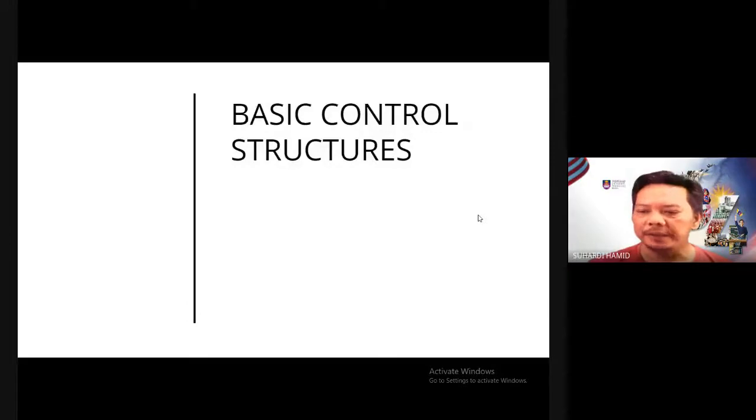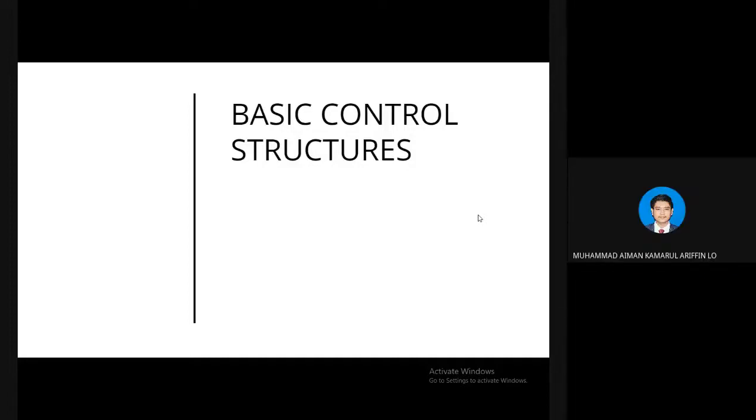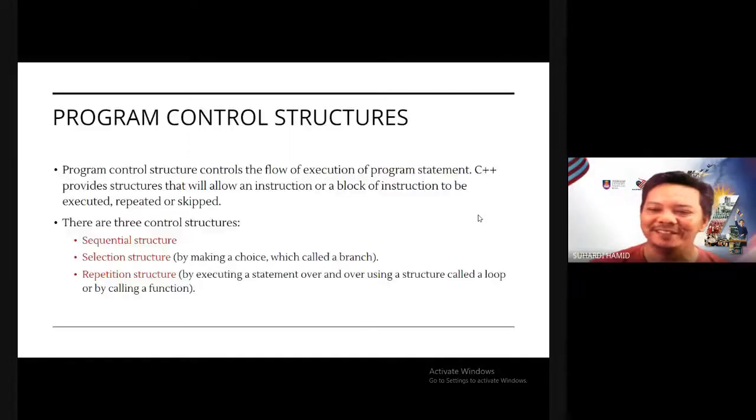Now we stop here. We did not cover basic control structures, but by doing the other program using the block-based codes, if you remember correctly, we've covered some basic control structures, didn't we? Yes, we have. What are the control structures?